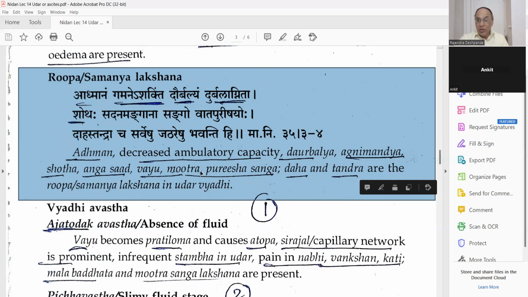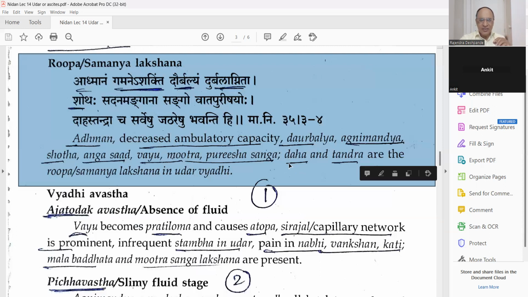Vayu, mutra, and purisha sanga: no flatus passing, no belching, no gas, nothing. Mutra avarodha: oliguria. Purisha sanga: constipation will be there. Daha: the whole body will start burning. Tandra: giddiness and drowsiness will be there.